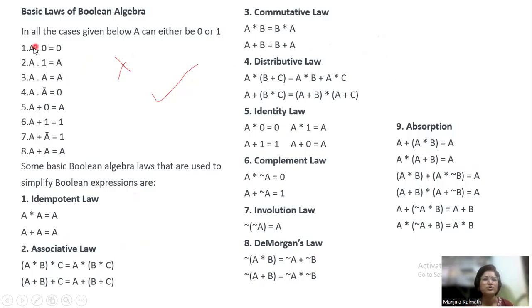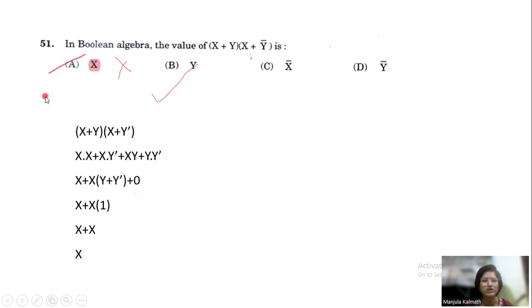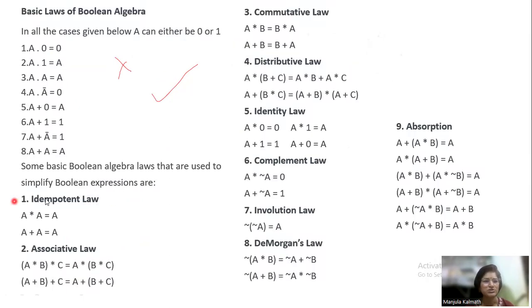Some of the basic formulas: a into 0 equals 0, a into 1 equals a, a into a equals a, a into a complement equals 0. These formulas we already implemented here: this is x into x, y into y complement is 0. And even y plus y complement equals 1, that is also used here. So here we have a plus a complement equals 1, a plus a equals a. These are some basic formulas.